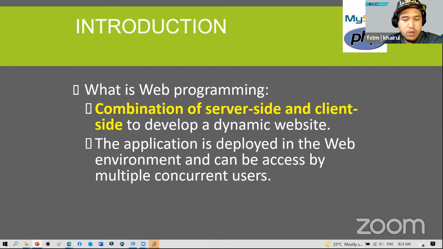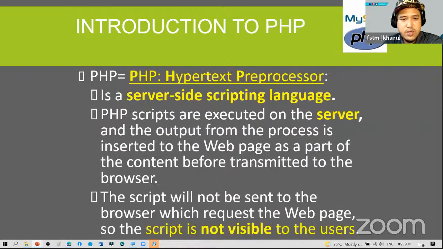There's one more scripting language that you can explore, which is JavaScript, currently the only available client-side scripting. But in this course, we skip the JavaScript part. We are focusing on the server side, which is PHP.